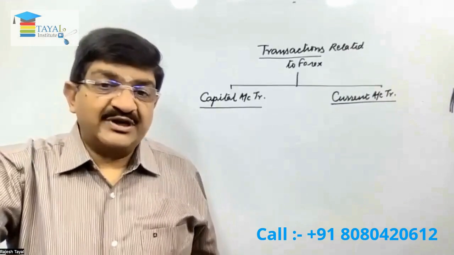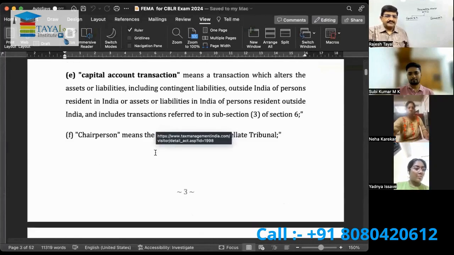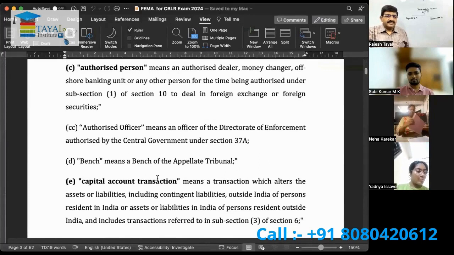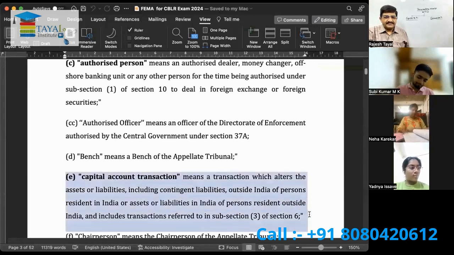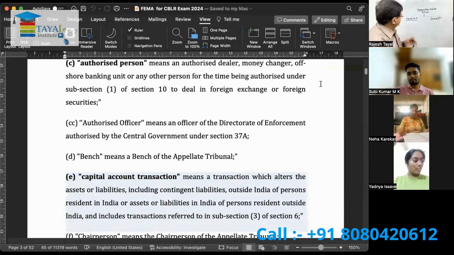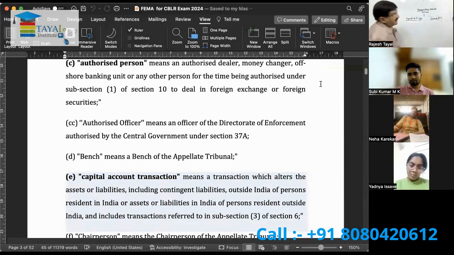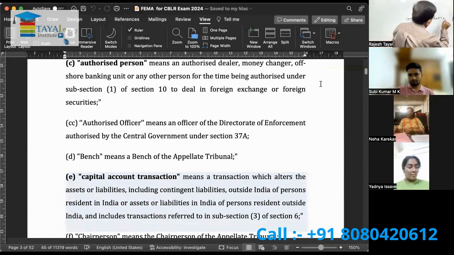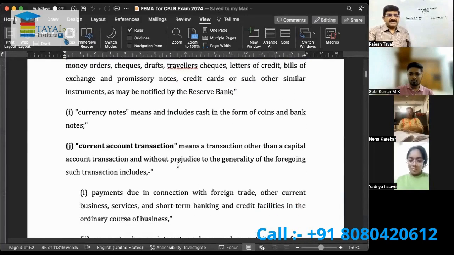Now I'll take you to the definitions. A capital account transaction is defined in section 2, clause E, and a current account transaction is defined in section 2, clause J. E is here and J you can see here.